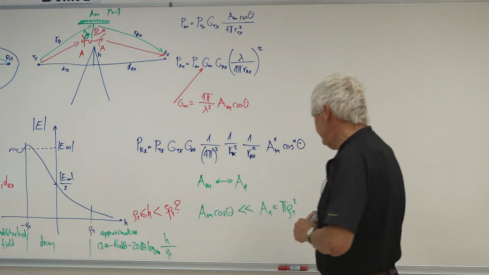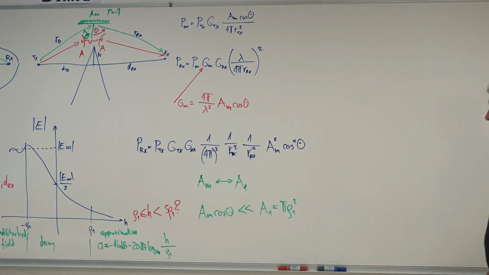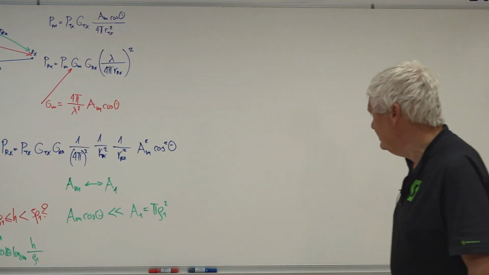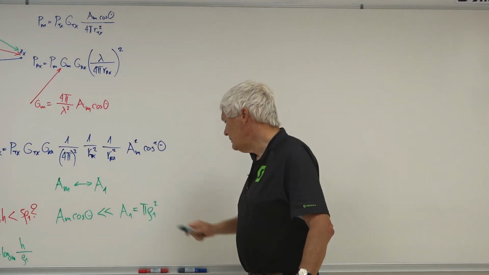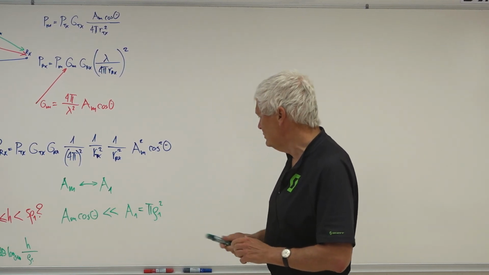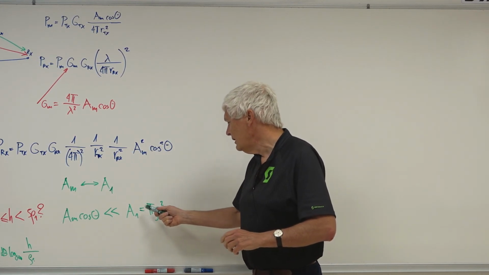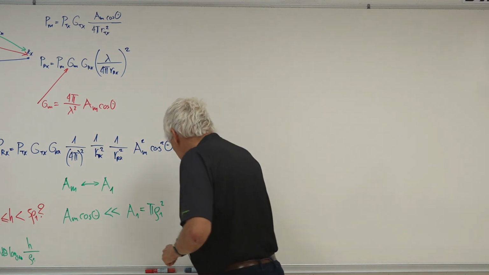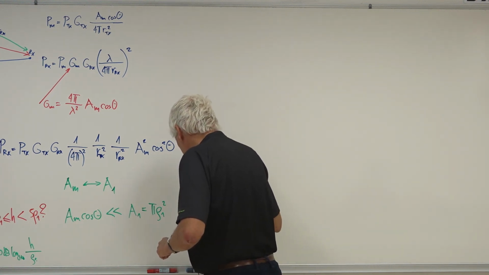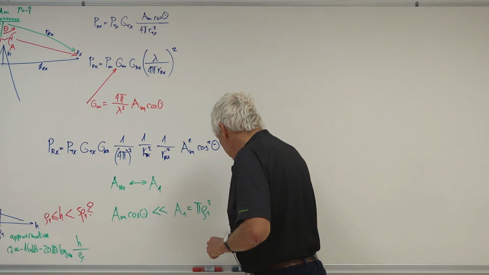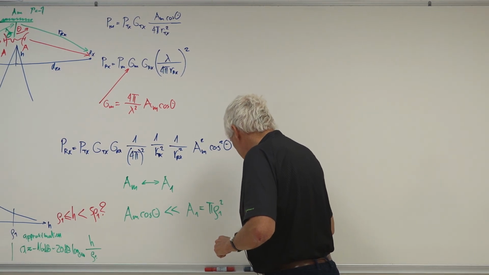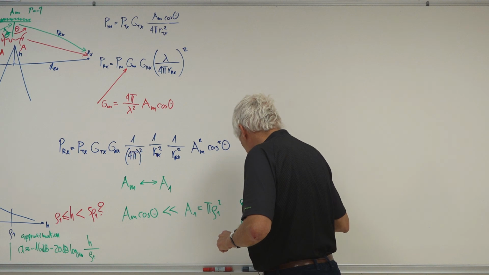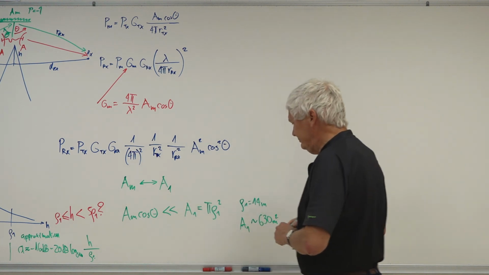Remember last time, for the microwave link, we had rho1 of 14 meters. 14 squared is 200 meters squared, times pi is 600. So in this case, A1 is somewhere around 630 meters squared.